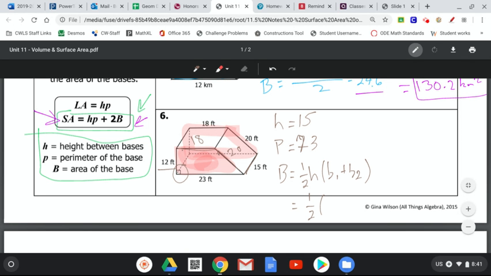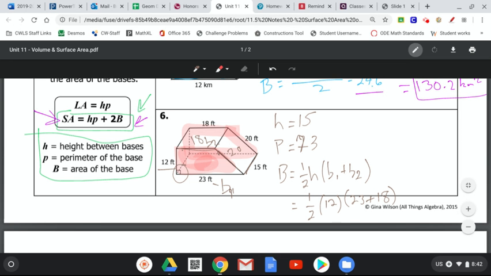So our height's 12, and then our base 1 and base 2, this can be base 1, and up here this 18 can be base 2. So it's just 23 plus 18.